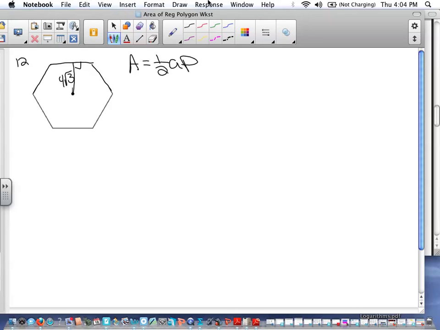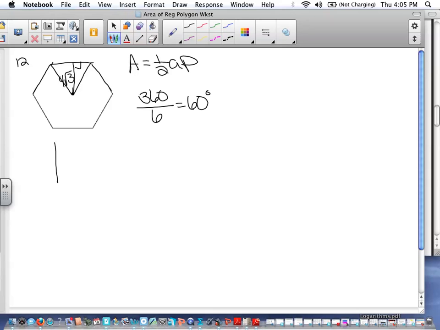This is a regular hexagon. You could use special right triangles, but we wanted to emphasize using the trig ratios on this worksheet, so we're just going to do the trig ratios. So we find the central angle measure. Remember, that's 360 divided by the number of sides gives us that central angle measure.